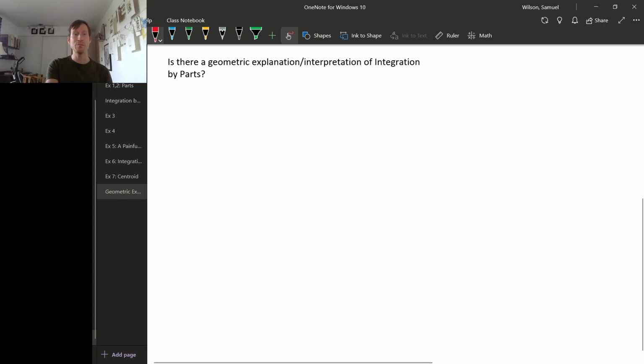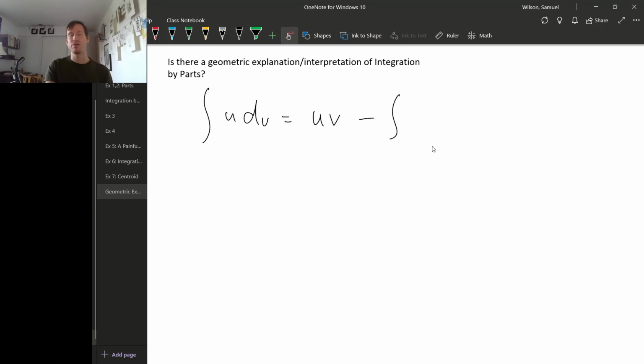So remember, integration by parts is the integral of u times dv is u times v minus the integral of v du. And I'm going to use the definite integral version of this.